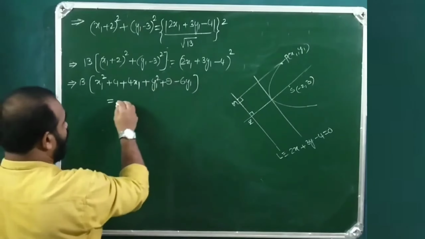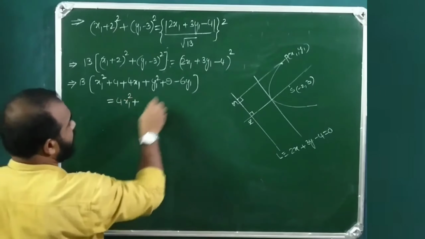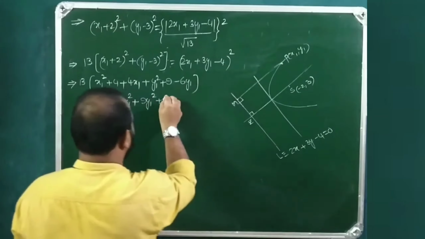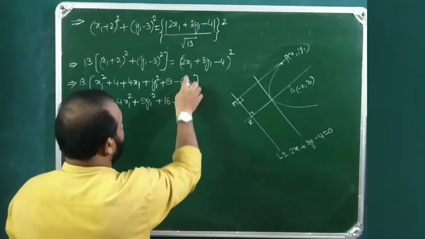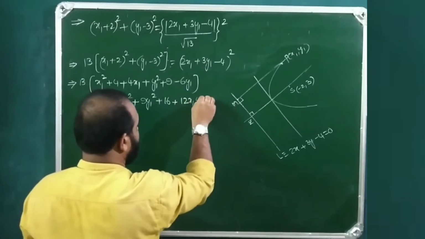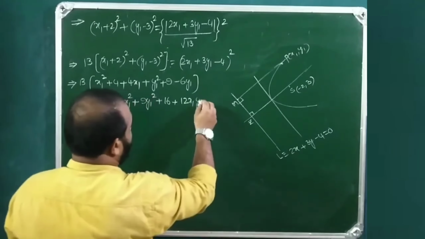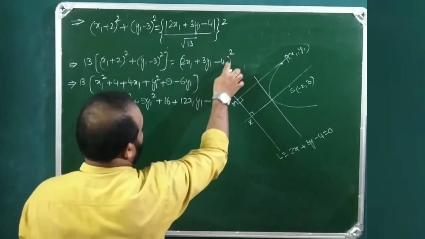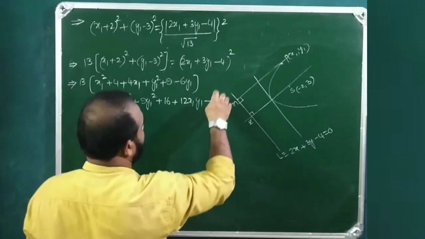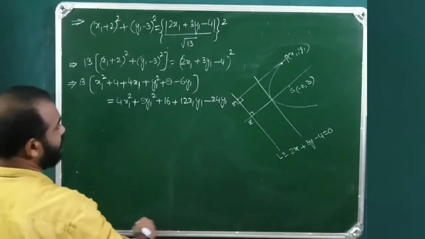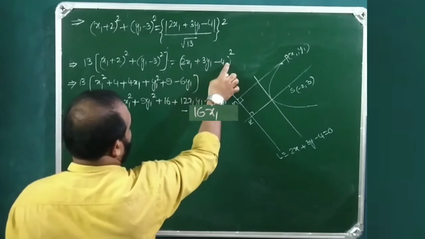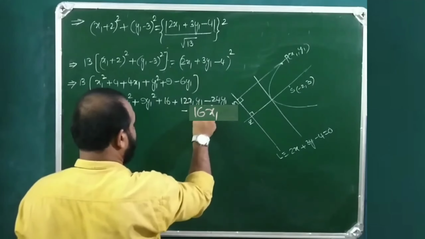So 4x1 square plus 9y1 square plus 16, plus 2 threes are 6, 6 twos are 12x1y1, minus 2 fours are 8, 8 threes are 24y1, minus 2 fours are 8, 8 twos are 16x1.